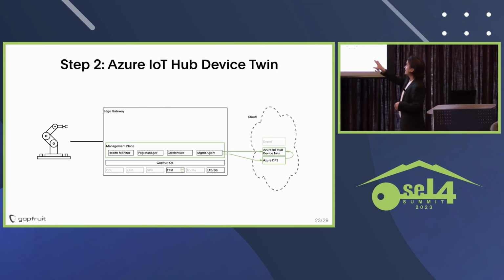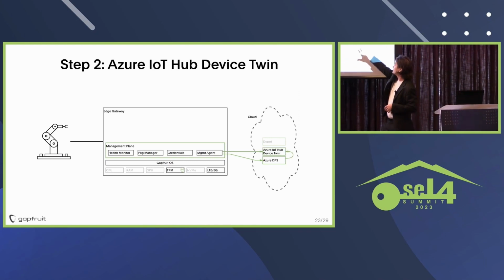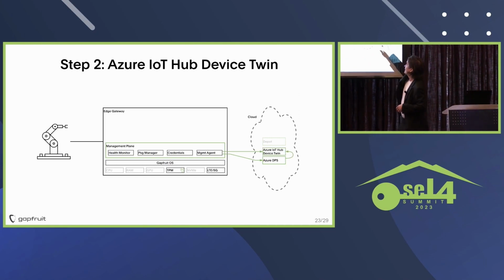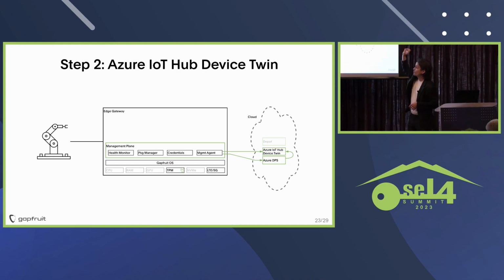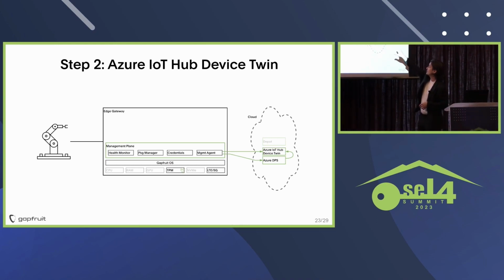Once that gateway is connected to Azure DPS, Azure DPS will spin up a device twin for every device. So the device twin is a one-to-one relationship with the physical device. Azure DPS also initiates that initial desired state of that gateway.